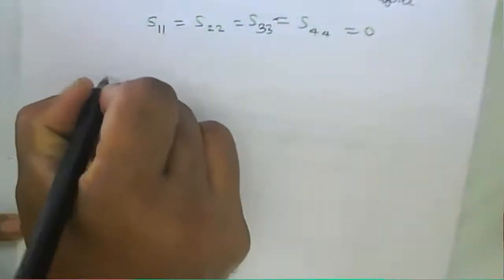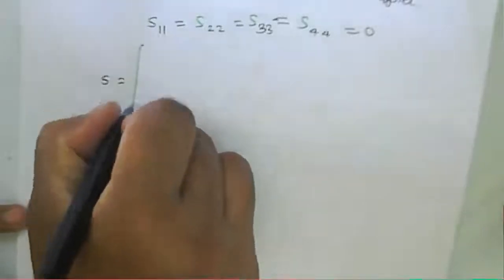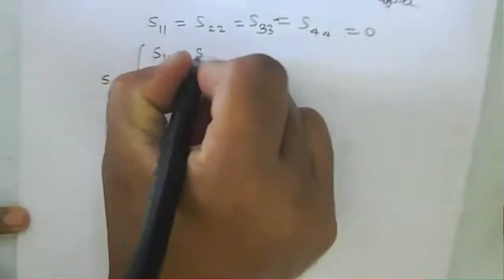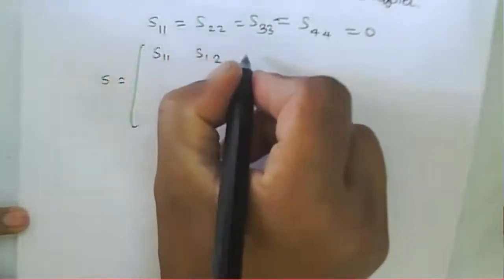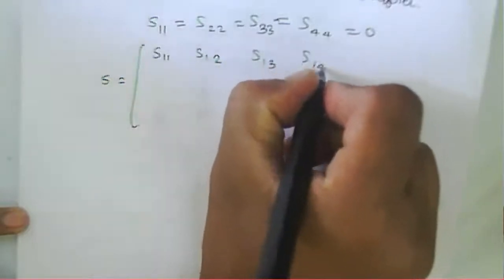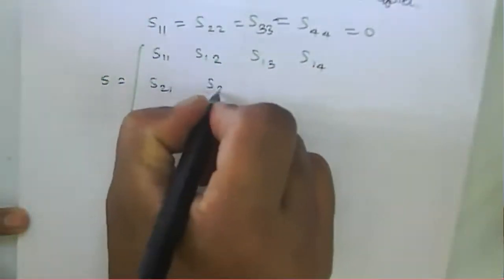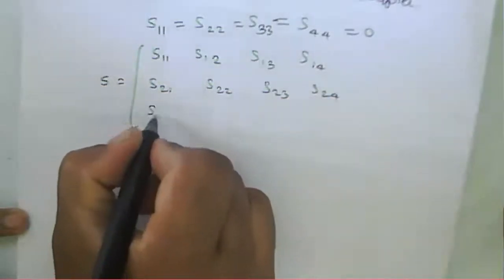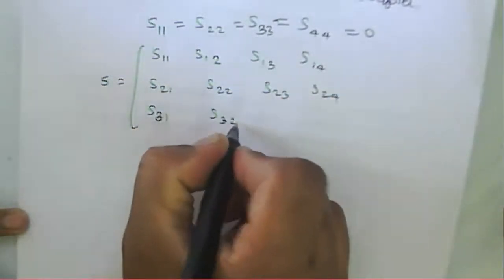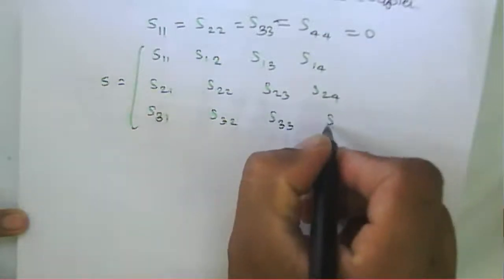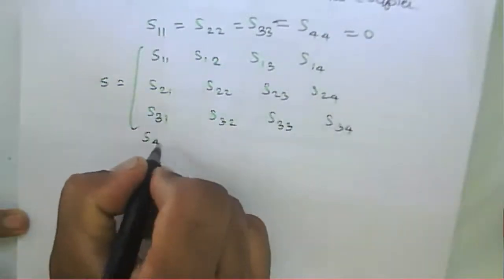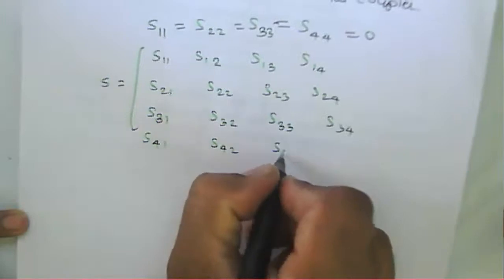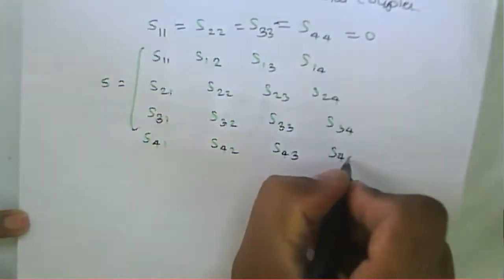How does the S matrix look generally? Because it is a 4 port, it has S11, S12, S13, S14, S21, S22, S23, S24, S31, S32, S33, S34, S41, S42, S43, S44.